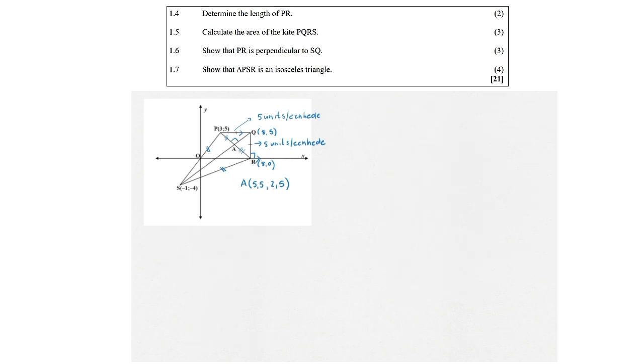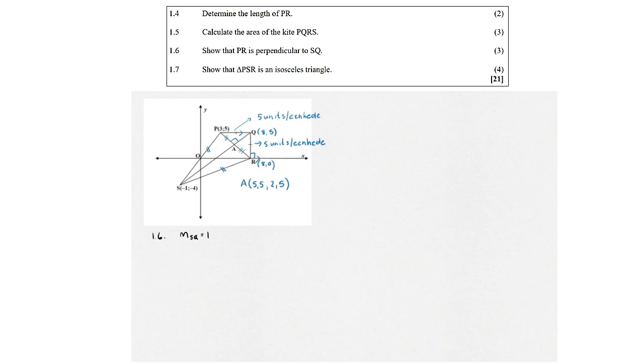Question 1.6, show that PR is perpendicular to SQ. To show that 2 line segments are perpendicular, we need to determine the gradients of the 2 line segments and show that the product is equal to negative 1. We've determined that the gradient of SQ is 1, and now we need to determine the gradient of PR.